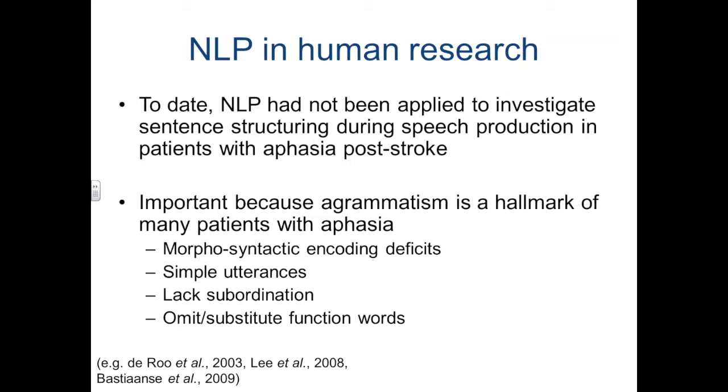To us, this was an important point because so much of agrammatism, and there's a great talk by Dirk Den Ouden on the C-STAR website about agrammatism, but if you review it, you'll see that the hallmark of patients with aphasia is characterized not only by a lot of variety in terms of their agrammatism, but also by some things that happen over and over and that have to do with this deficit in morphosyntactic encoding: the fact that they tend to favor very short and simple utterances.